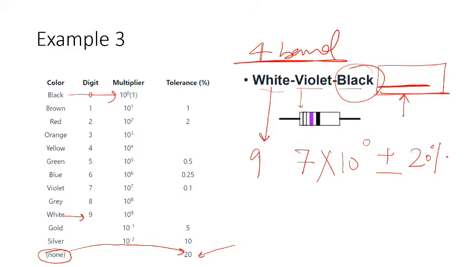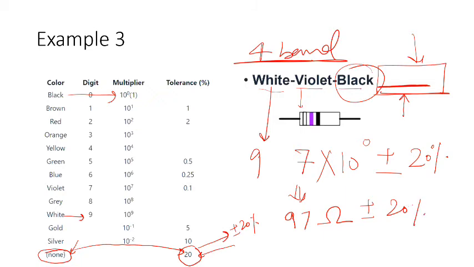I'm repeating myself: whenever you see only 3 colors, it will be assumed that the 4th band is of no color, which would have plus minus 20% tolerance. So in a more representative way, I would write it down as 97 ohm plus minus 20%.